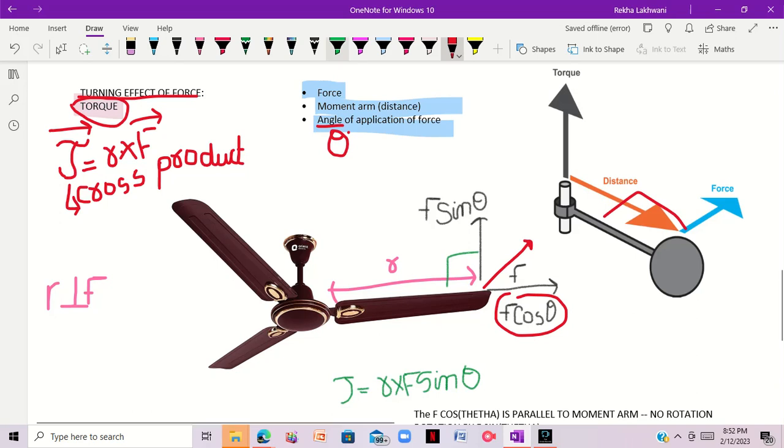As I said, this torque is a vector quantity. I have marked this arrow which indicates that torque is a vector quantity, so it must have magnitude plus direction. Now let's find out the direction of this torque.